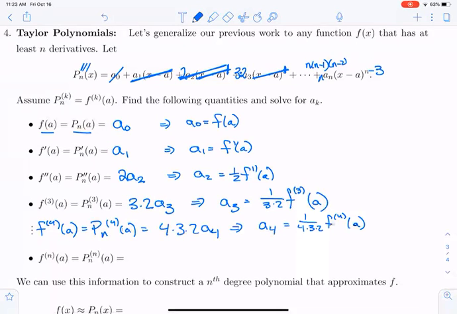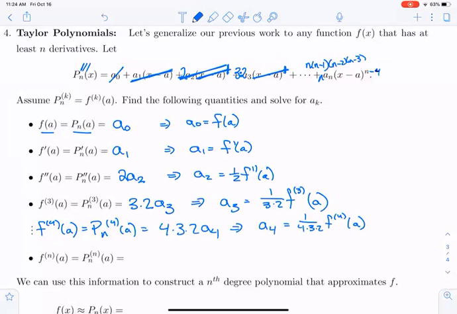So if you're seeing a pattern here, it looks like the nth derivative, because I have to keep taking more derivatives, is n times n minus 1 times n minus 2. If I take another derivative, that would get multiplied by n minus 3, and I'd have x minus a to the n minus fourth power.